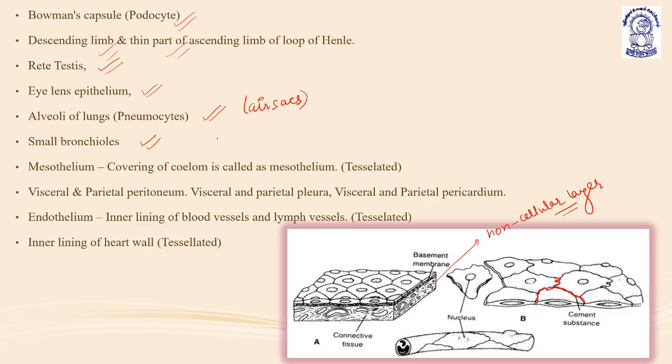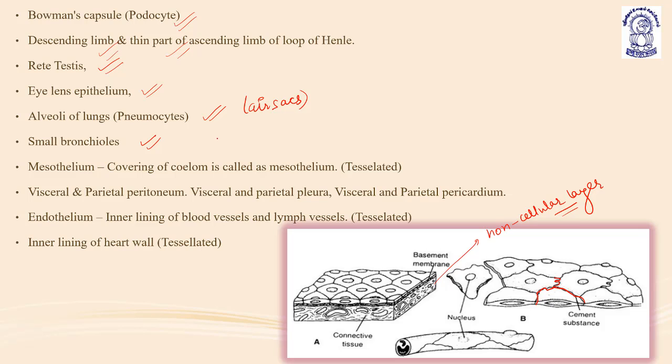Now, very important. Bowman's capsule or podocytes basically help to filter the blood for further use in the process of formation of urine. The blood needs to be filtered from all the substances which are less needed or not needed.